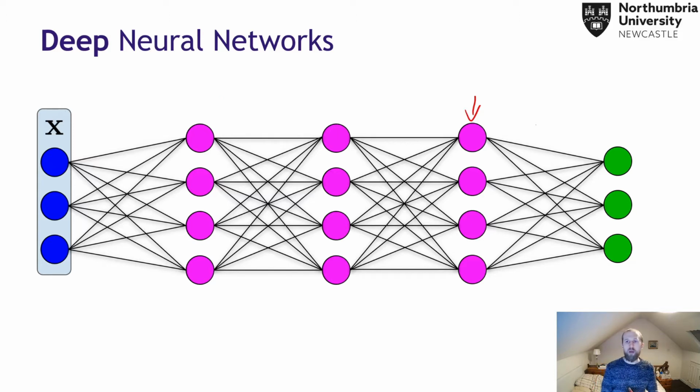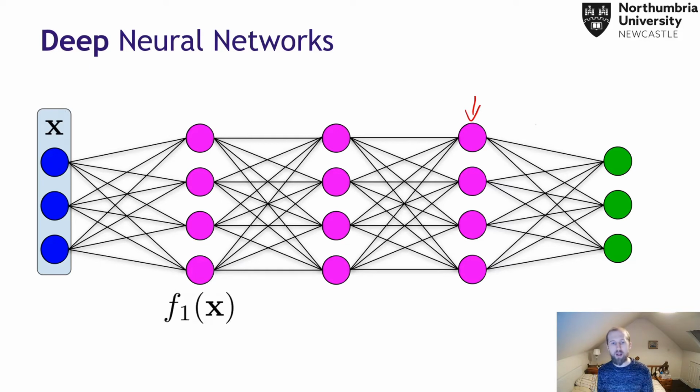So by adding more layers, you sort of allow the network a bit more flexibility with what it's able to do, and you're able to guide it a little bit more in a sense. We'll see what I mean later on.